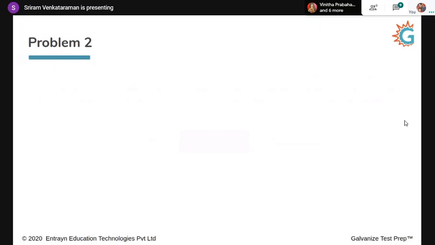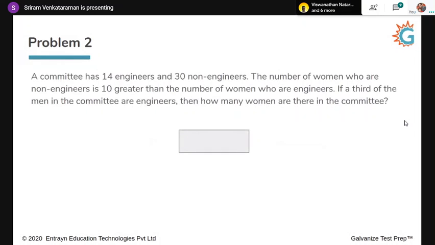Let's look at another problem. Here is a question which is a numeric entry question, so you're supposed to enter a number as the answer. It's a pretty simple question. It's not very hard, but I'm going to work with you and explain how you're going to get this by applying a strategy.